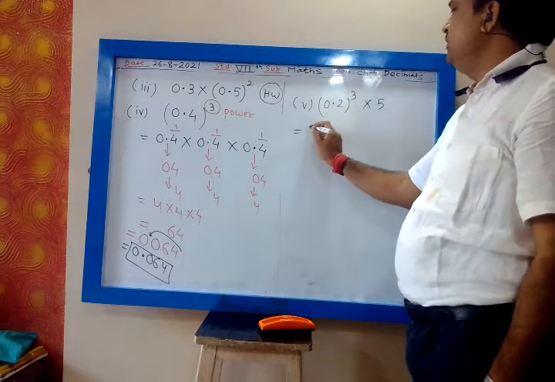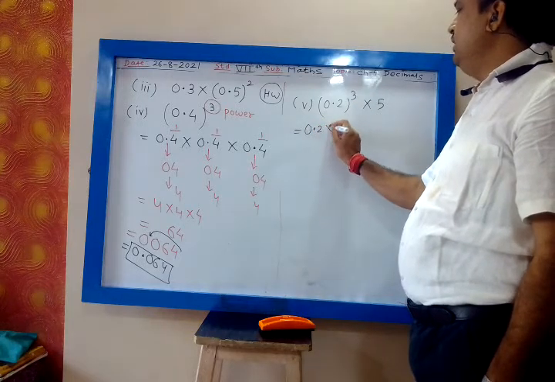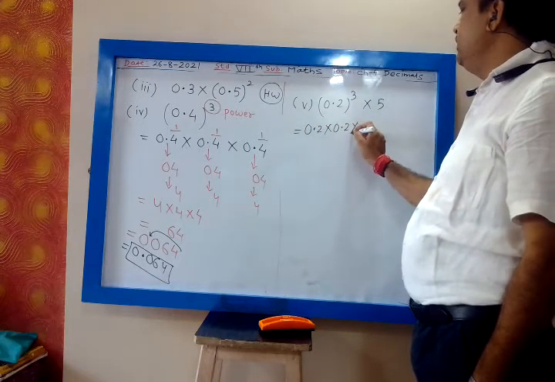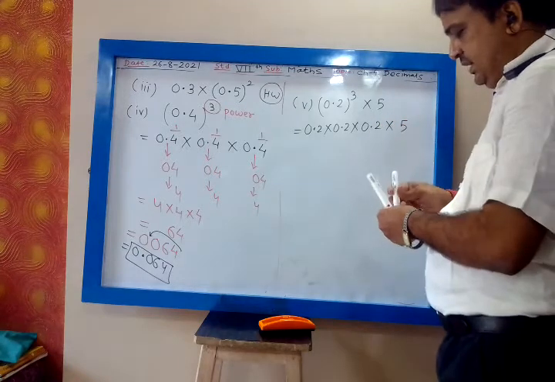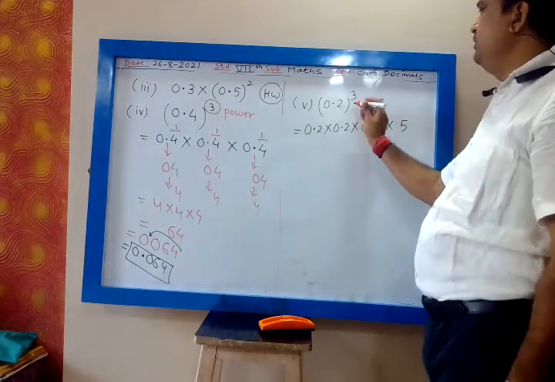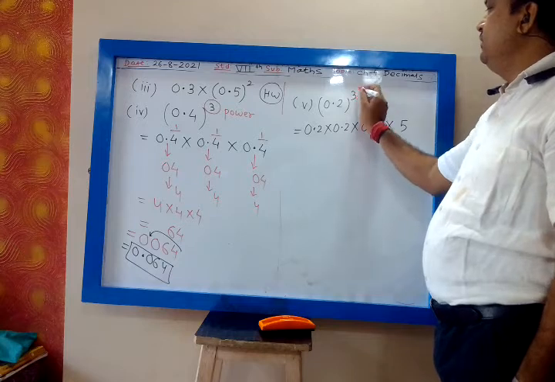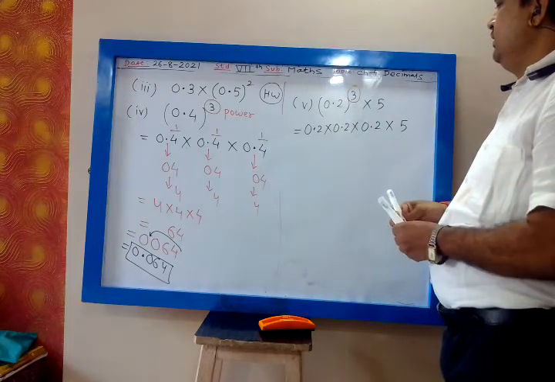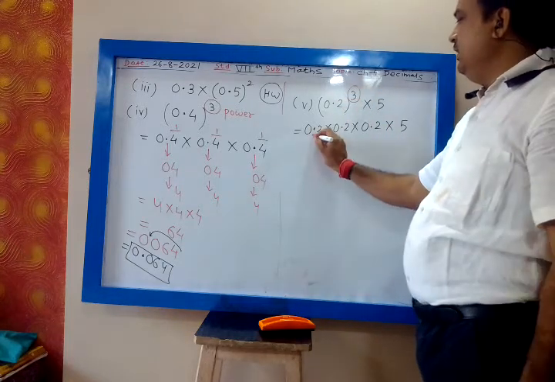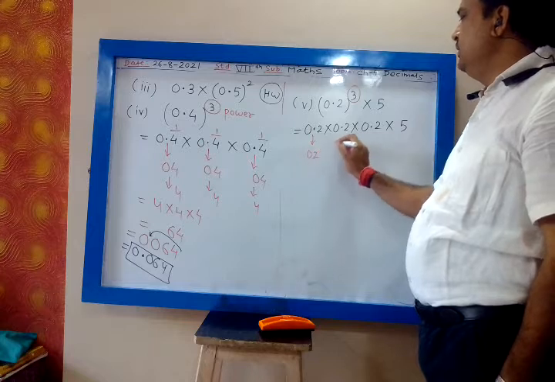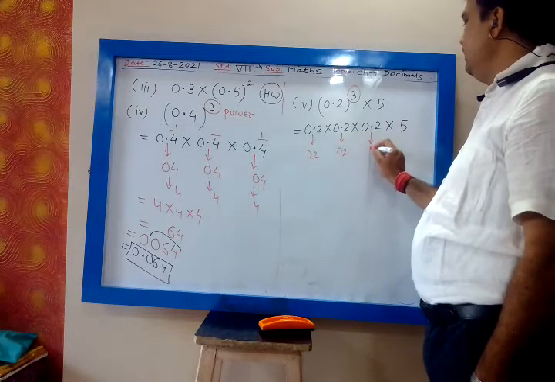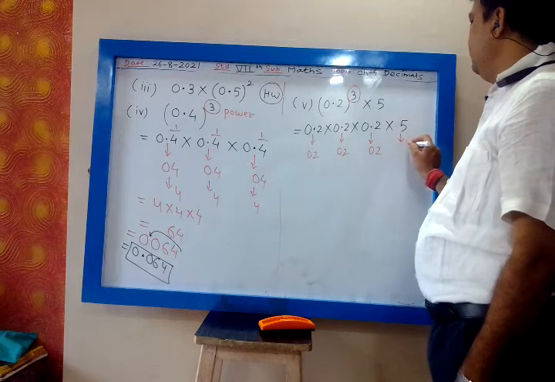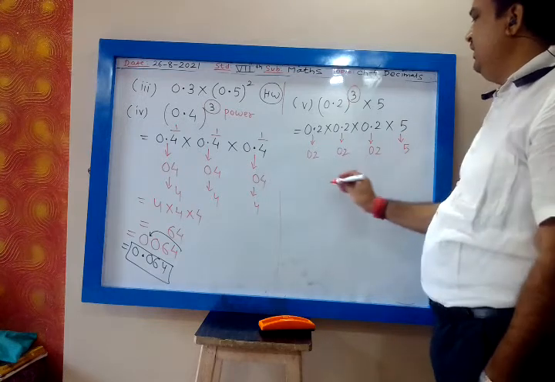Power is 3, so 0.2 3 times: 0.2 into 0.2 into 5. Okay, let us see. Not 0.04, my dear. Wait. Power is 3, so multiply this number. Now neglect the decimal in 0.2, and 5 is already 5.